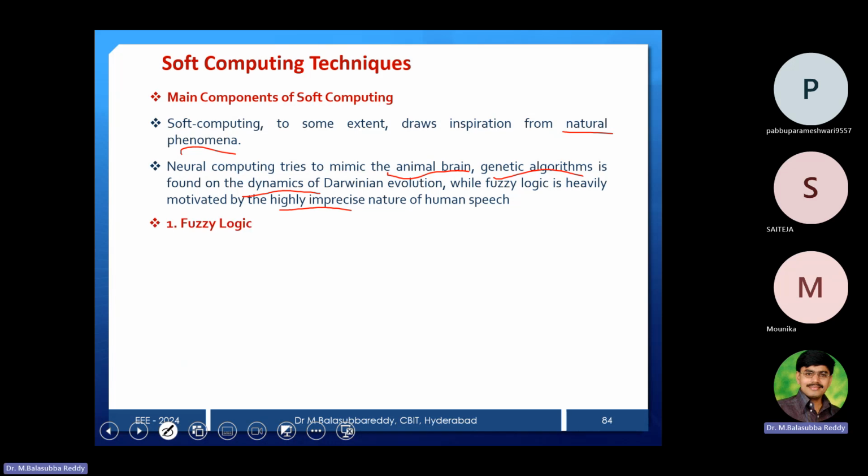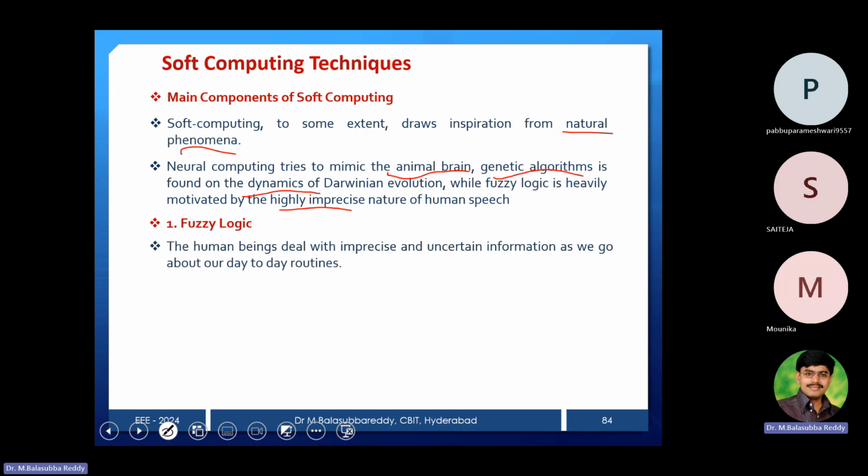We'll see one by one fuzzy logic, the different kinds of evolutionary algorithms, and swarm intelligence, just briefly, because this first unit is only the introduction to all these computational methods.